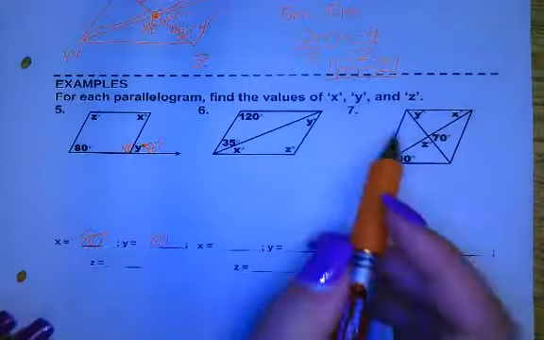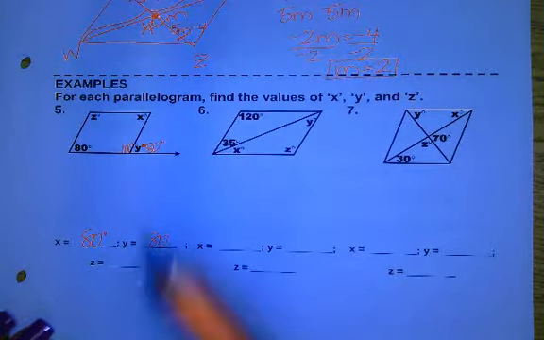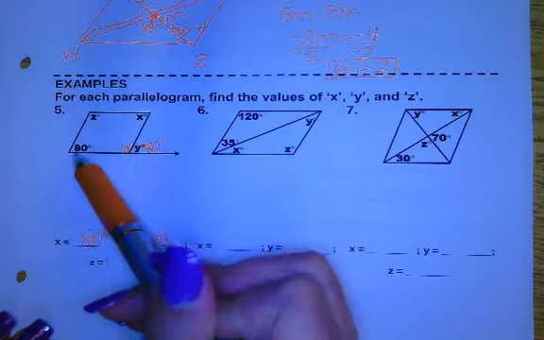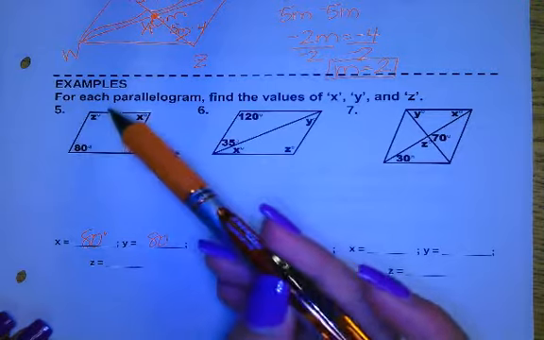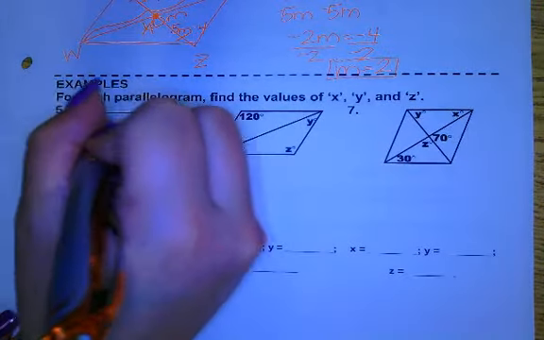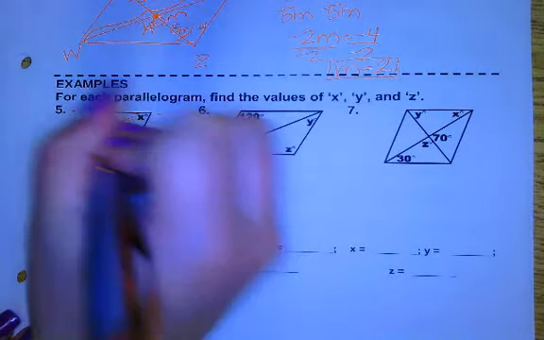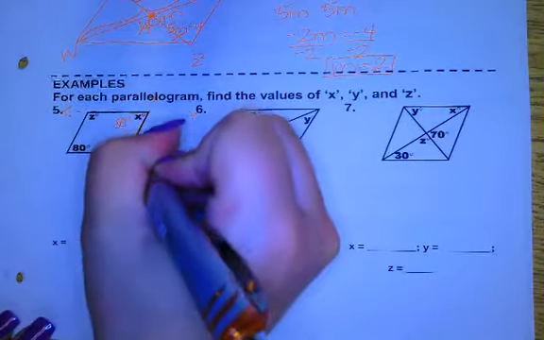Okay, but what other property other than the consecutive angles? Opposite angles are congruent. Okay, so these are opposite of each other. Once you know that, you also know that if you were to extend these lines, and this is your transversal, these right here are alternate interior angles.